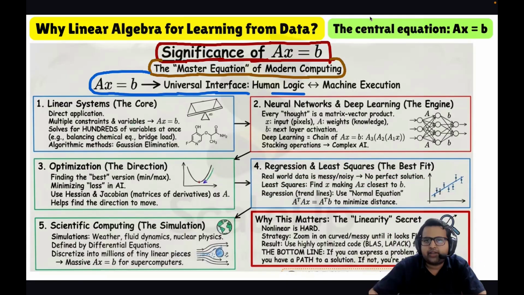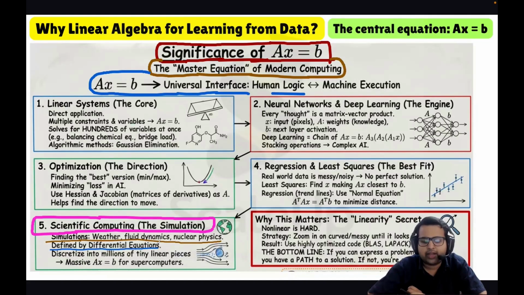Now the central equation Ax equals B also plays a role in scientific computing, wherein it helps in simulation. Modern science runs on simulations. Like we simulate the weather patterns, and we do simulations in fluid dynamics and nuclear physics. Simulation problems are usually defined by differential equations. Computers cannot solve differential equations directly.